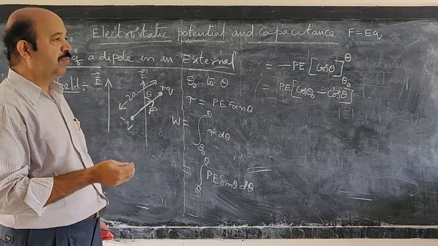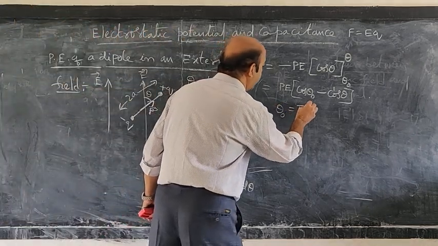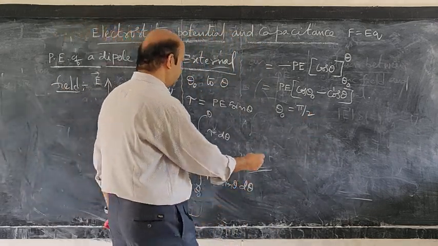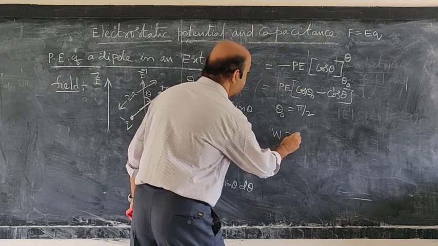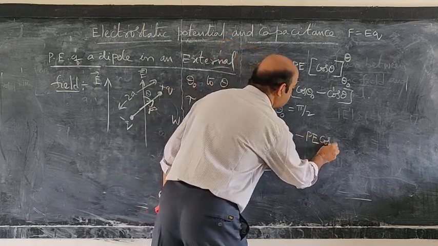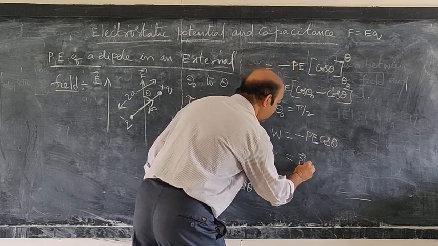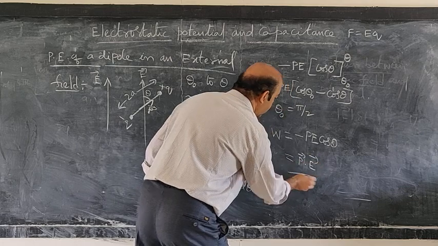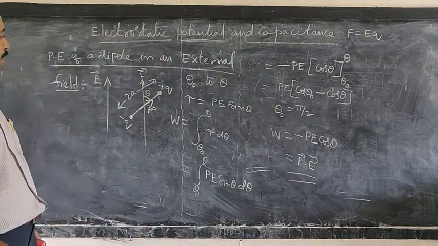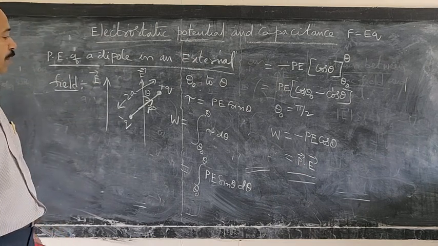So we assume arbitrarily that for theta naught equal to pi by 2 the potential is 0. Then the work done is given by minus PE cos theta, or we can write minus P bar dot E bar. So this is the formula for work done on a dipole kept in a uniform electric field.